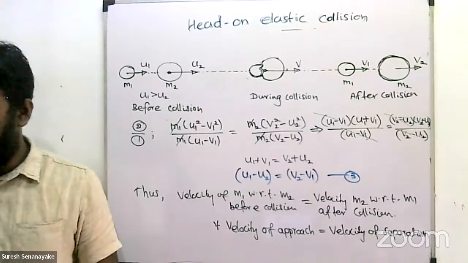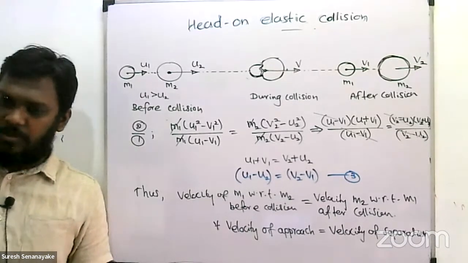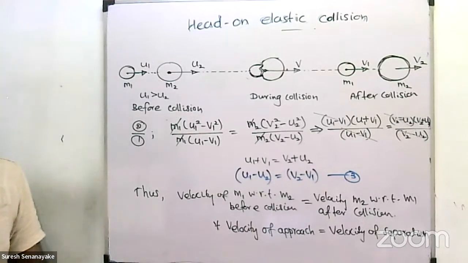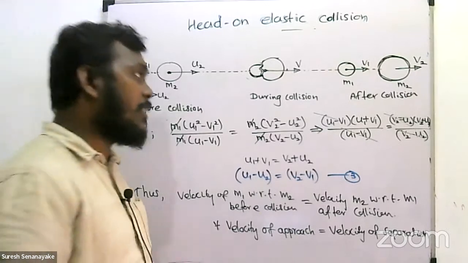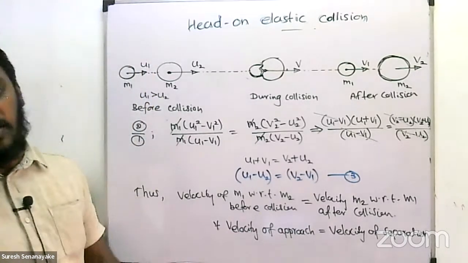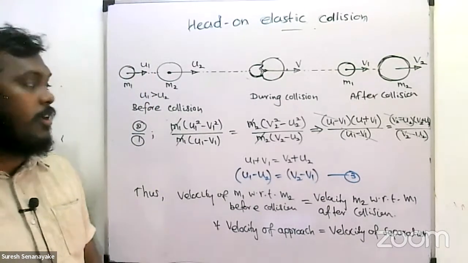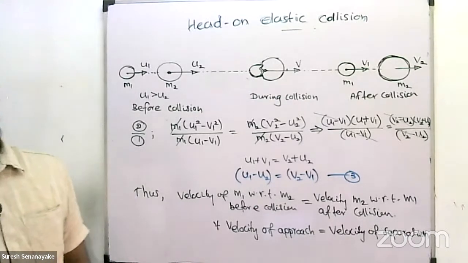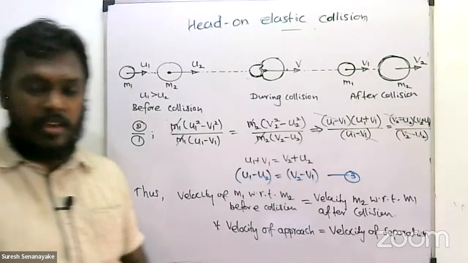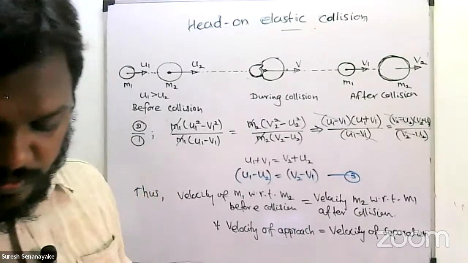Raise your hand if you finish, because we are coming to the final. There's a small thing we need to discuss, because we are not going to discuss all types of collisions, because there are oblique collisions and other collisions which are a little different. We will discuss only collisions related to this manner, right?